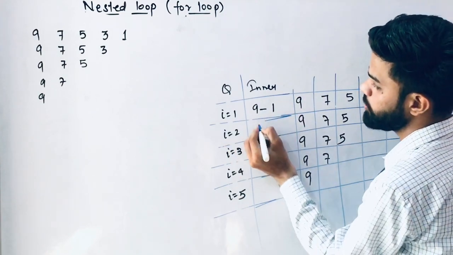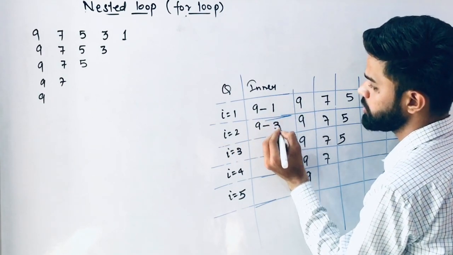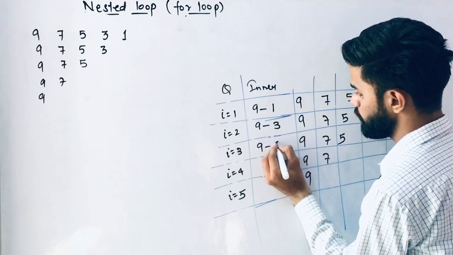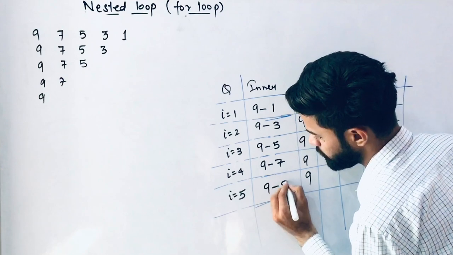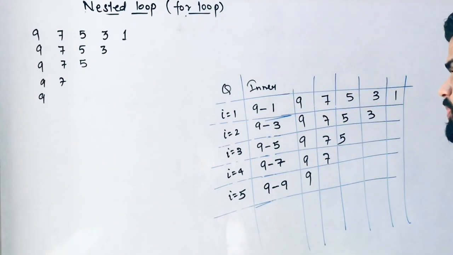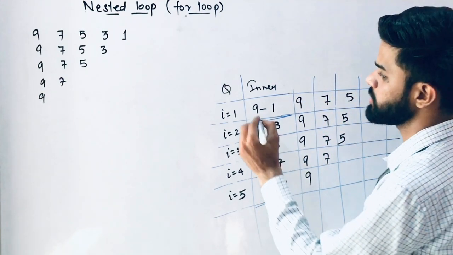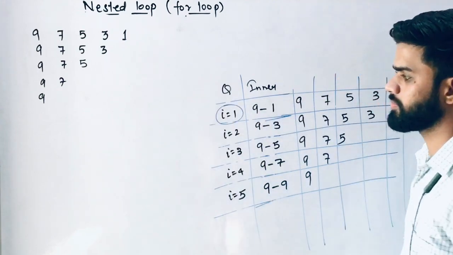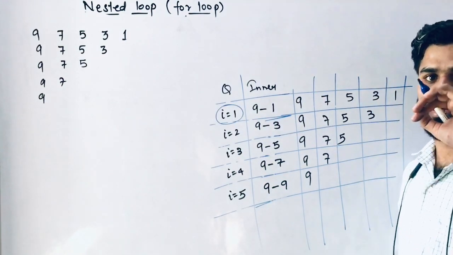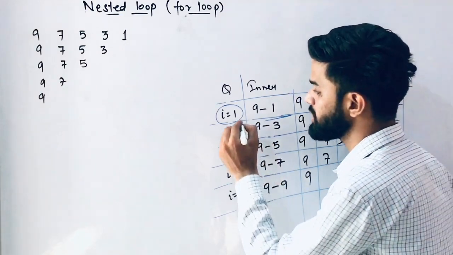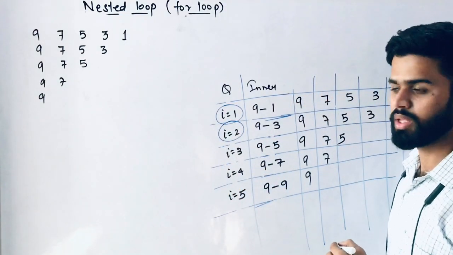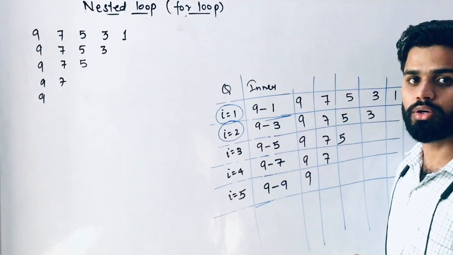In the second outer loop run, the inner loop prints from 9 to 3, then 9 to 5, 9 to 7 and 9. Now what we see: when the outer loop runs the first time, the inner loop prints from 9 to 1. When the outer loop runs the second time, the inner loop runs 9 to 3.